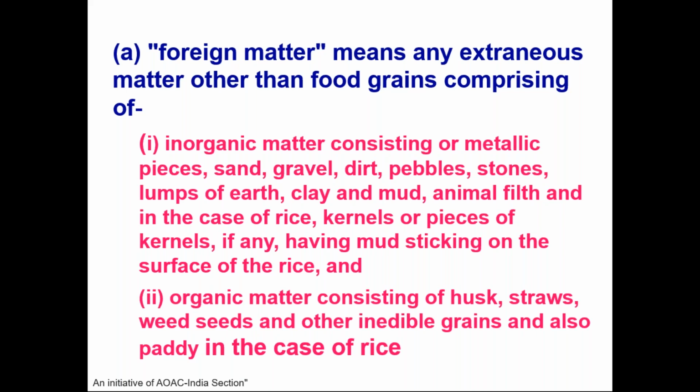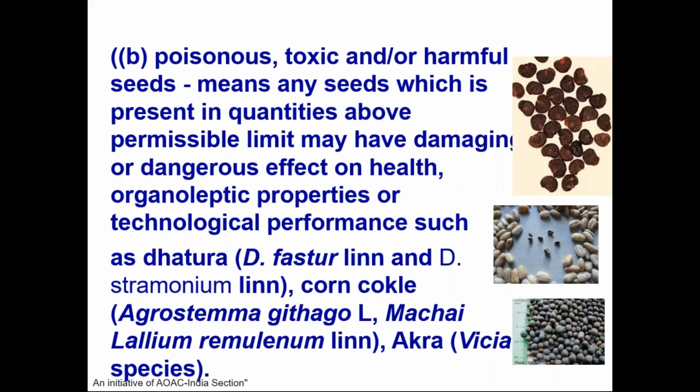Organic matter consists of the husk, straw, weed seeds, and other inedible grains, and also paddy in the case of rice. So the definition for foreign matter is given. Next, you have the definition given for poisonous, toxic, and harmful seeds.